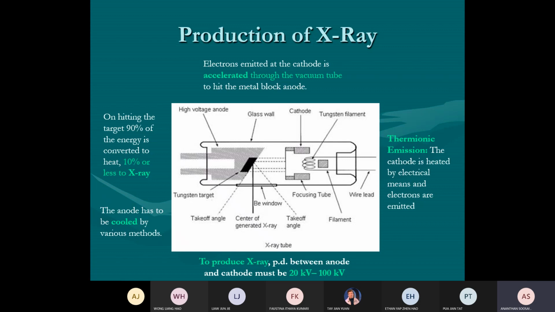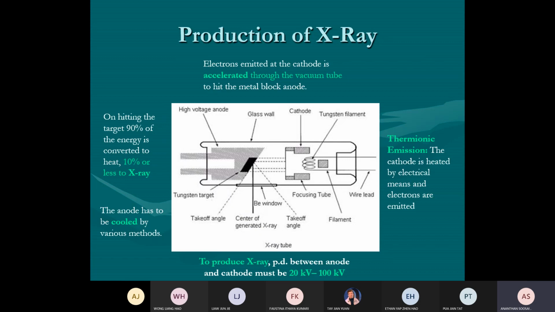The electron is released from a tungsten filament and accelerated to the anode. The electron collides with the anode. The kinetic energy of the electron changes, more than 90%, to heat energy, and less than 10% to X-ray. Most of the books say it's 1% changed to X-ray.